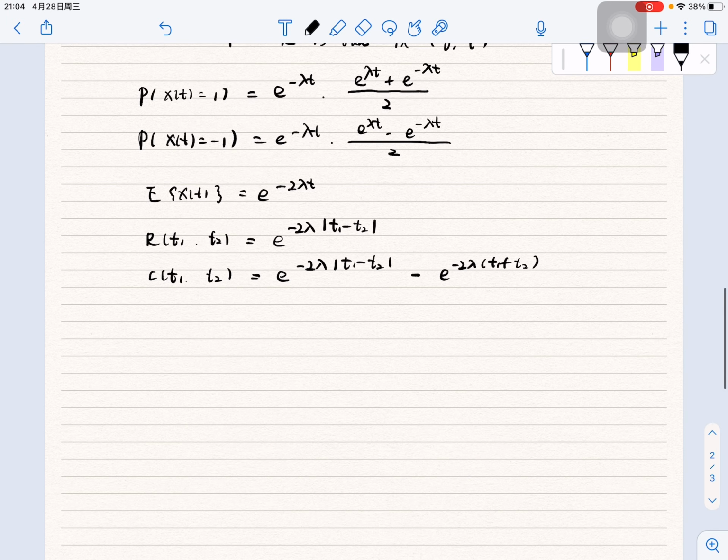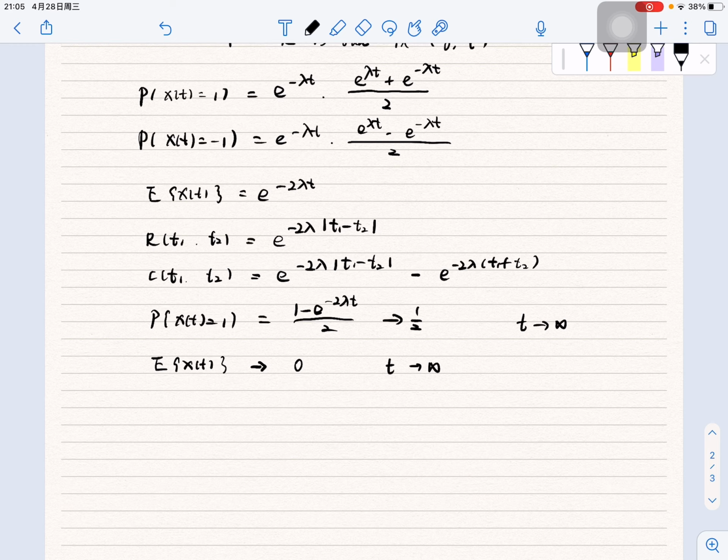We can get that the probability X(t) equals 1 equals (1 minus e to the minus 2 lambda t) over 2. It approaches 1 over 2 when t approaches infinity. And we can also get that the expectation of X(t) approaches 0 when t approaches infinity.